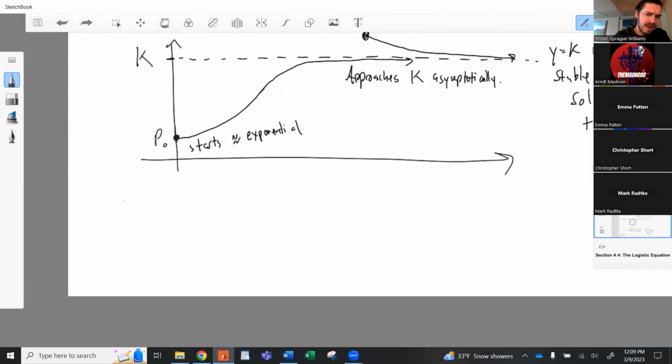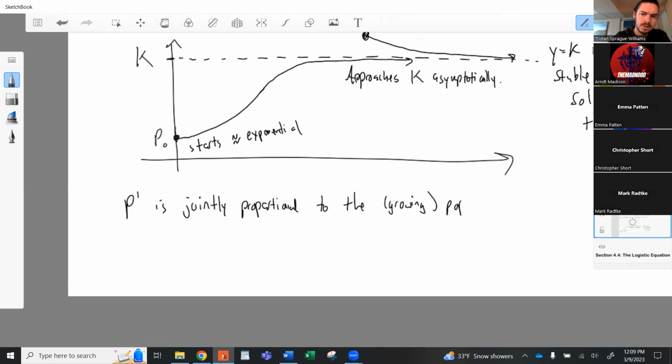You say, let's have P prime be not just proportional to the population, but jointly proportional to the growing population and also the shrinking distance from the carrying capacity.